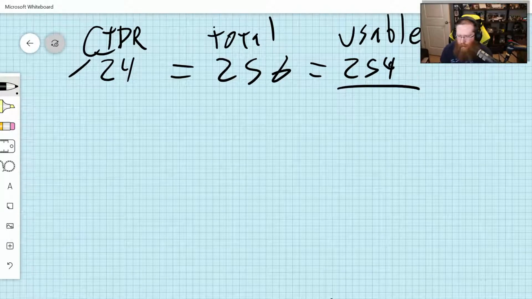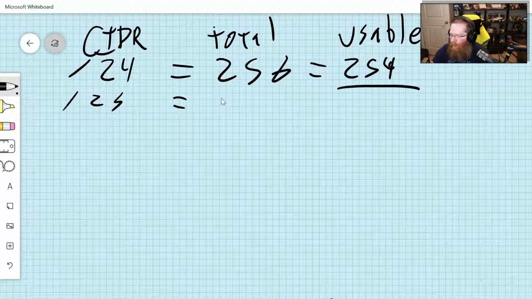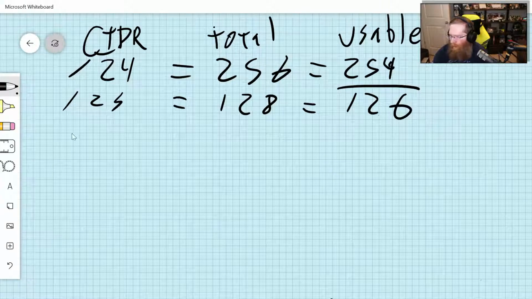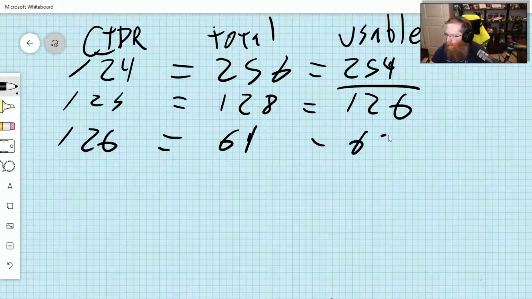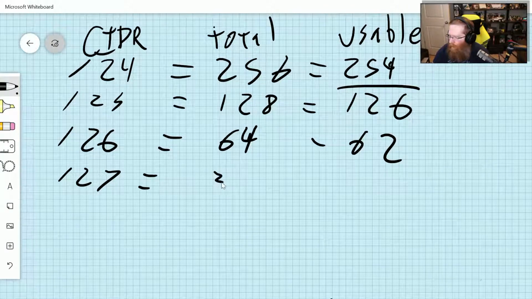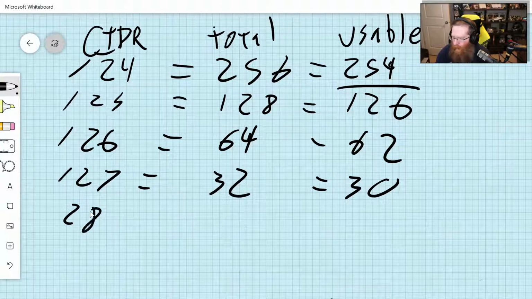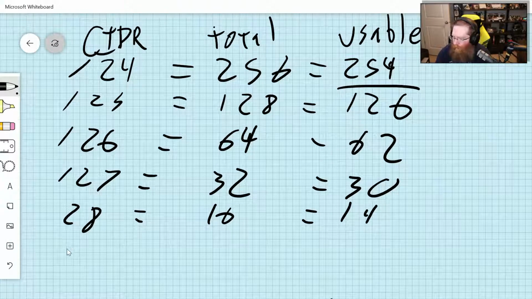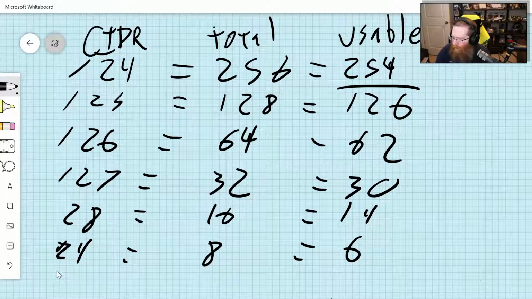Okay. So if I start breaking this down, 25, and you're going to notice a pattern here. Then if I go a 26, a 27, a 28, a 29, a 30.